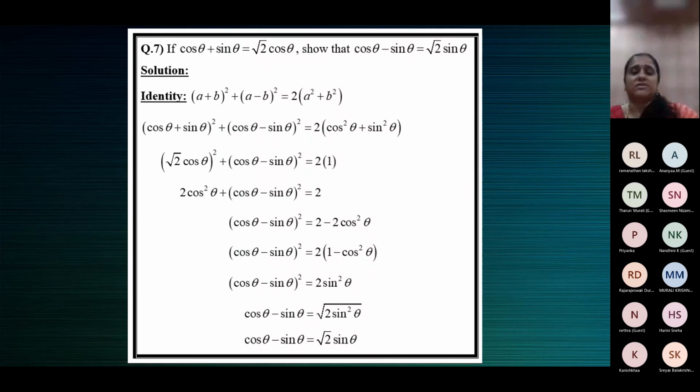Children, since it's time, I think you can take a screenshot and complete it. You can see here I've written the identity, exactly what I explained now. Identity and substituting. We're taking A as cos theta and B as sin theta. We rewrite the identity, exactly what I explained.